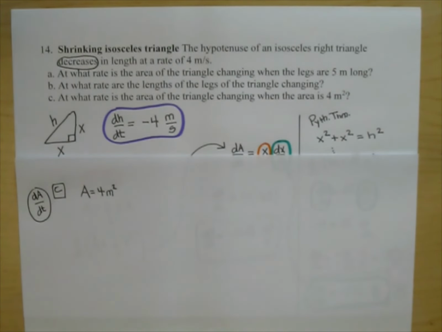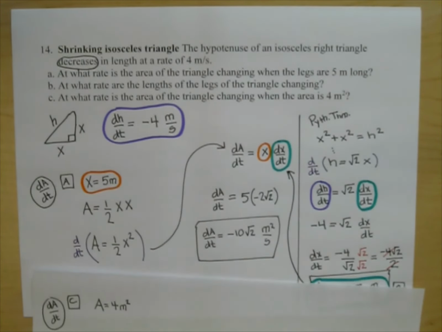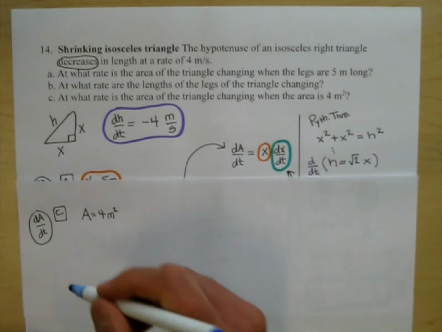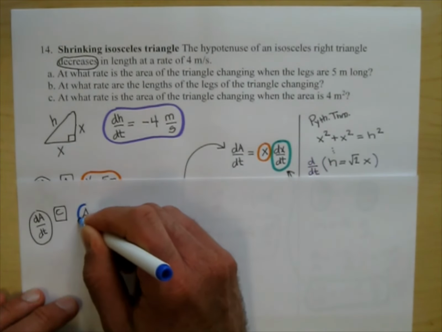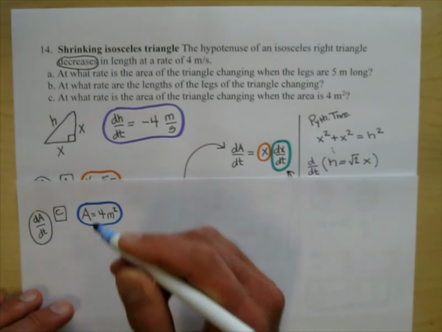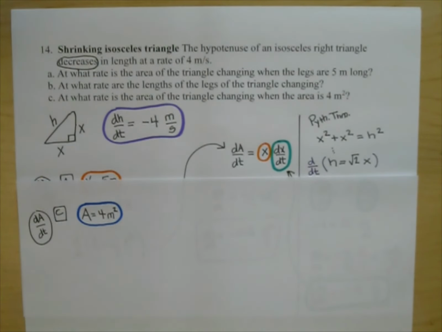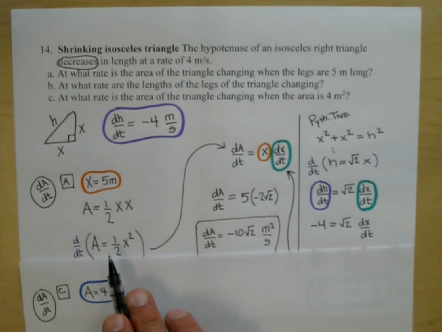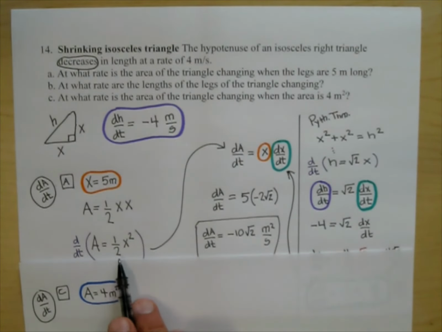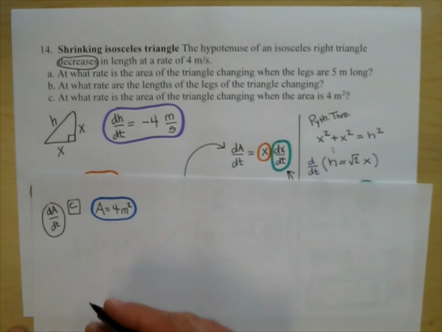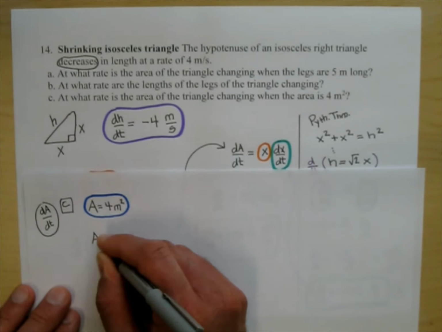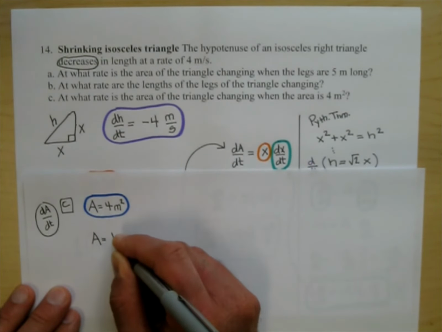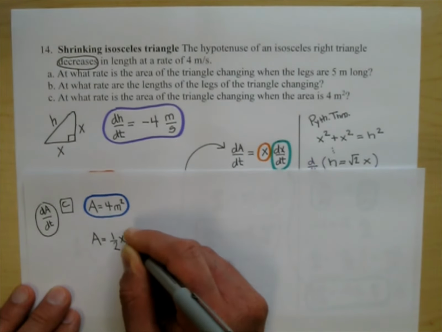And so we need another color for that one. So I think I will choose blue. Okay, so once again, we're going to do this whole thing with the area equals 1/2 x squared. So I'm going to rewrite it here. So the area equals 1/2 x squared.